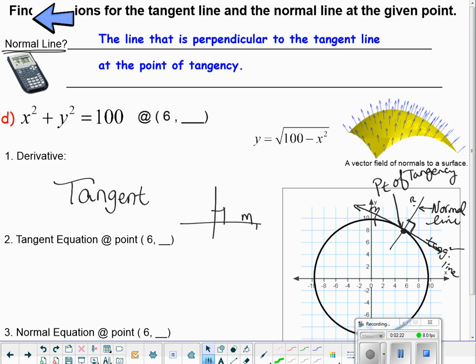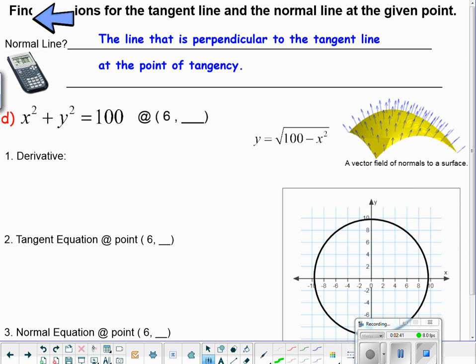Their slopes, when multiplied, would equal negative 1, right? Which means that one of them is the opposite reciprocal of the other. So drawing on that old information from algebra.